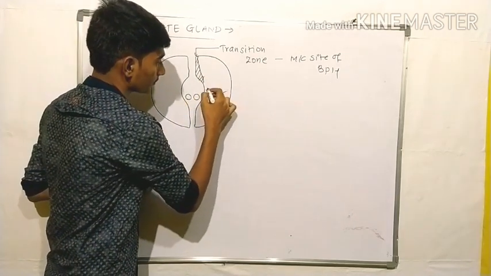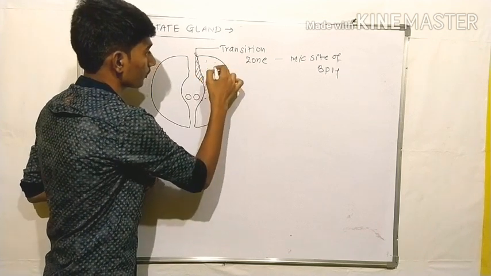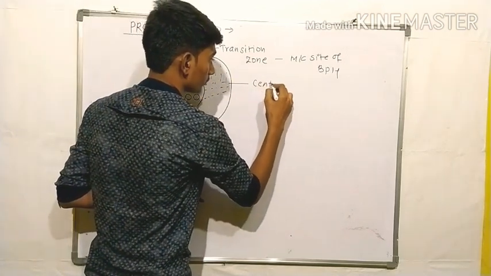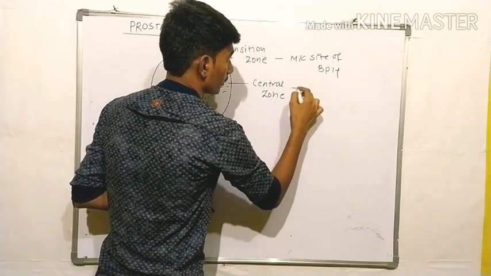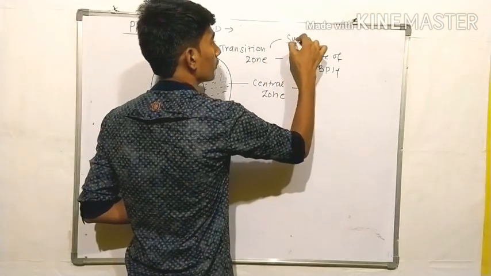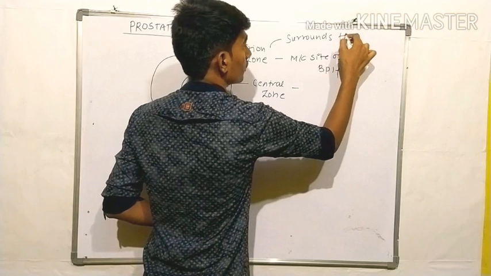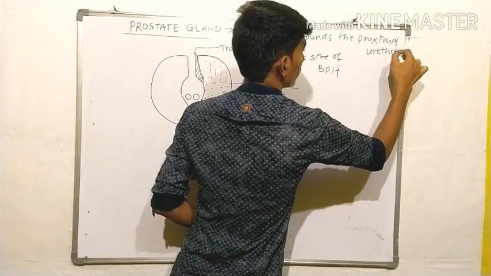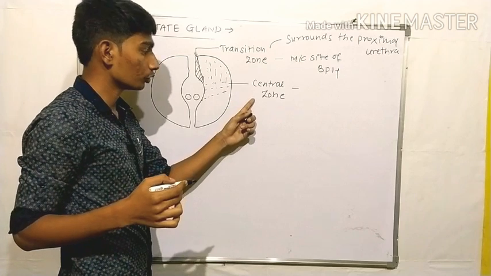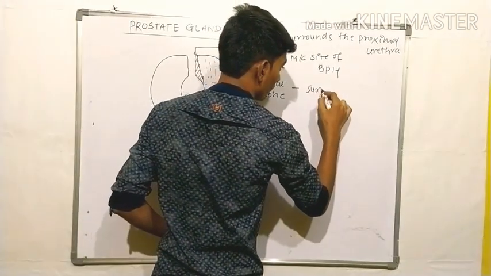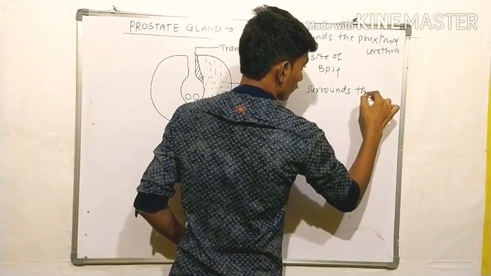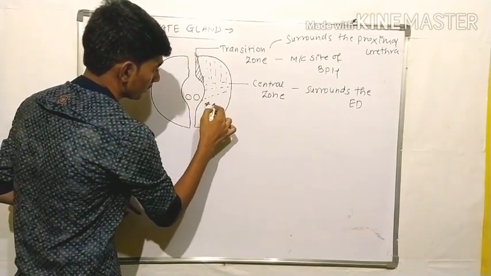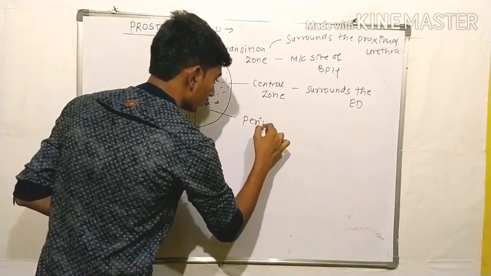The zone which surrounds the ejaculatory duct is known as central zone.